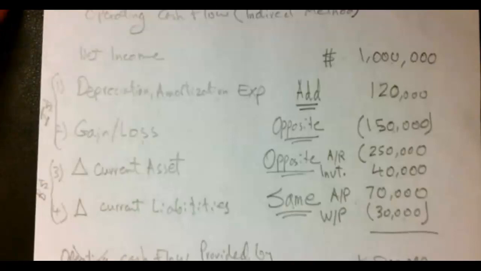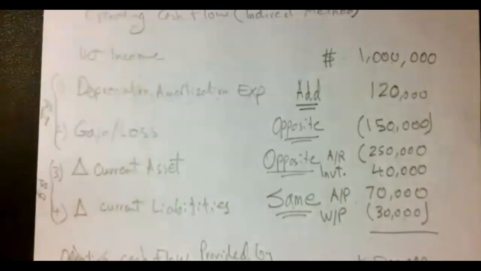In the operating cash flow indirect method, indirectly, you go to the income statement, you pick up the net income from the income statement, and indirectly you find out what your actual cash flow from operation is. Remember, cash flow from operation comes from the income statement, right?